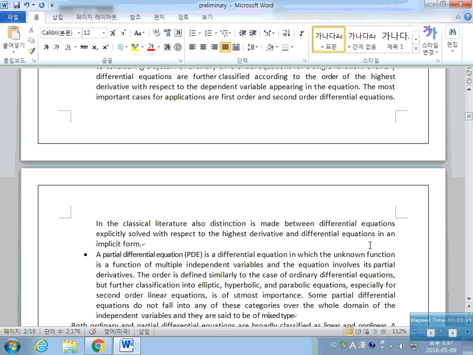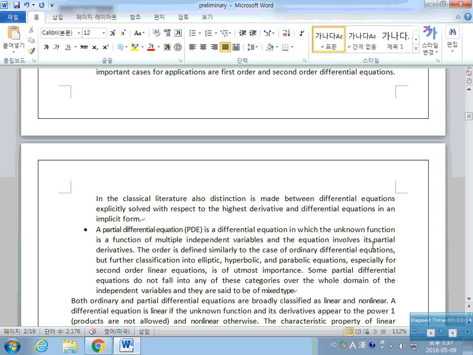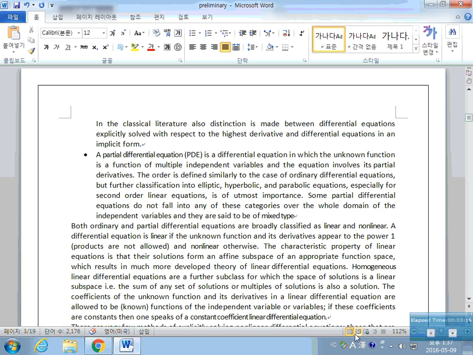And what are partial differential equations? Partial differential equations are based on more than one variable, so we have to take the partial derivative of those variables. It is a little bit more complex than ordinary differential equations. And there are some equations which are of mixed type.